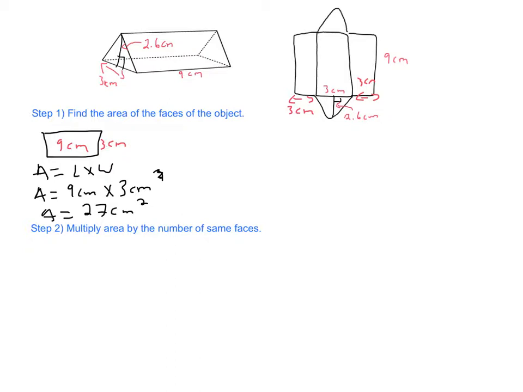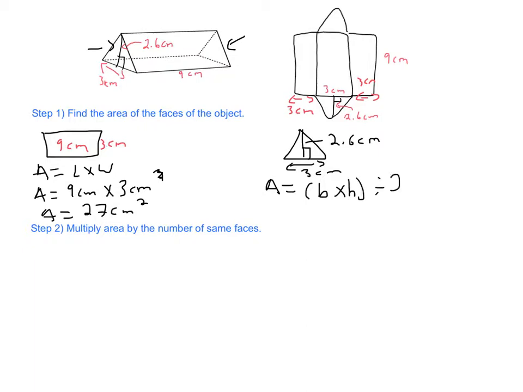Now our next face we can see here, which is a different shape, is a triangle. And we can draw that here. And the base of our triangle is 3 centimeters. So, just like before, we're going to look for the area. And we know, just like from past years, to find the area of a triangle, we need to do our base times our height and divide it by 2.